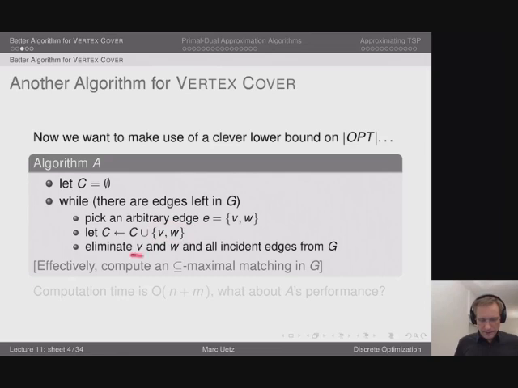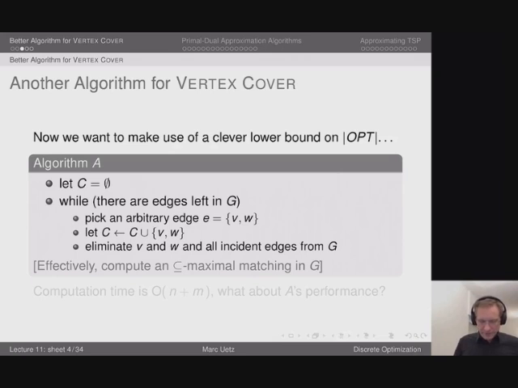And then we eliminate both selected vertices and all the incident edges from the graph and iterate the whole procedure until everything is covered. And because we are selecting edges and then eliminate all the incident edges, the next edge will be disjoint from all the previous edges. So effectively what we compute is an inclusion maximal matching in the graph, a set of edges which are disjoint from each other.